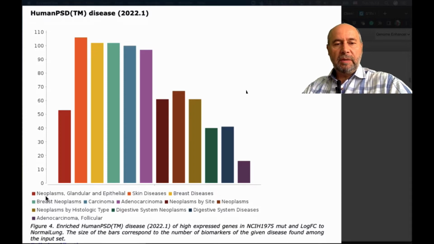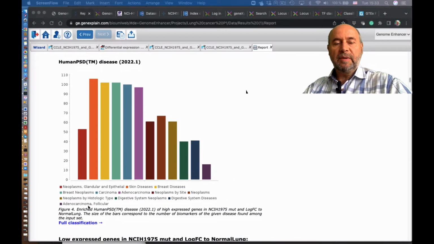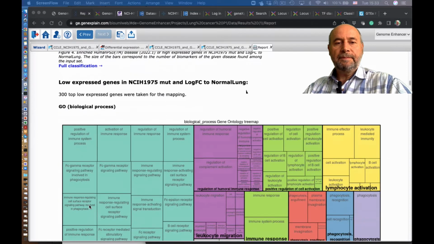Among them you can see neoplasms in general, especially epithelial, breast diseases, breast neoplasm, carcinoma, adenocarcinoma. So there is no specific lung cancer featured here, but generally carcinoma and breast neoplasms are featured here.